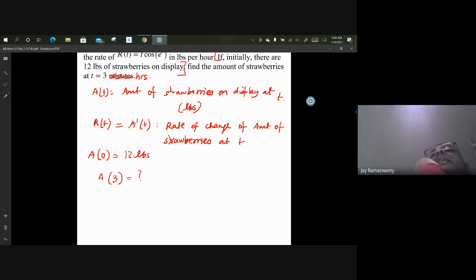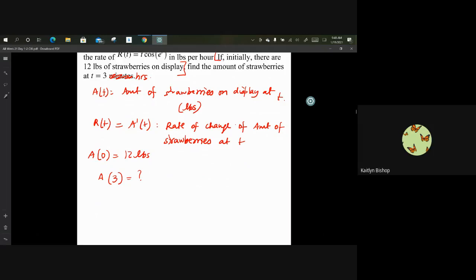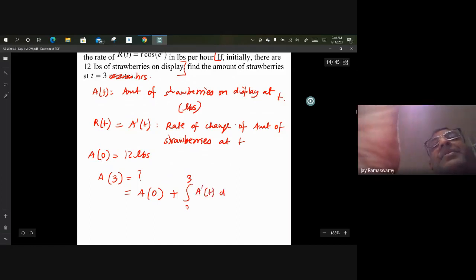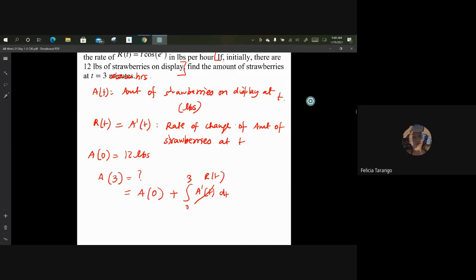How do we find it? Ms. Bishop or Ms. Uduman, one of you can answer. A of 3 equals A of 0 plus the integral from 0 to 3 of R of t dt. Thank you. Guys, can you hear me? Yes.